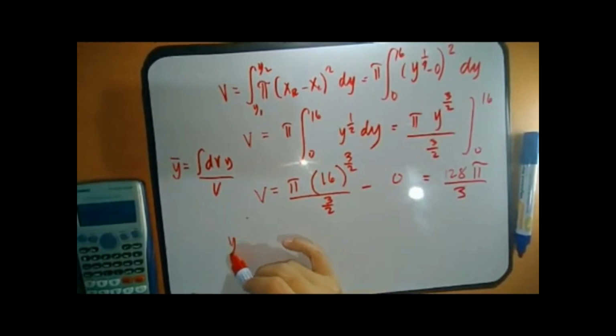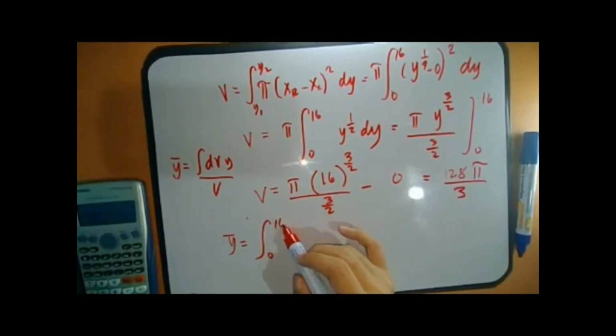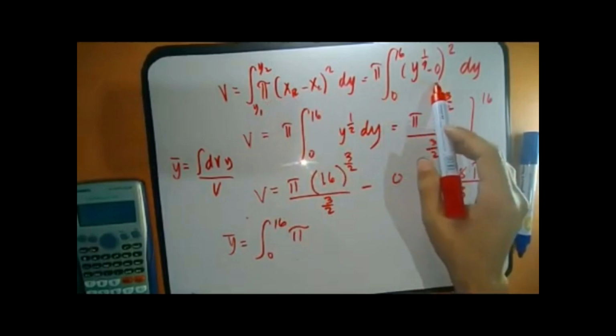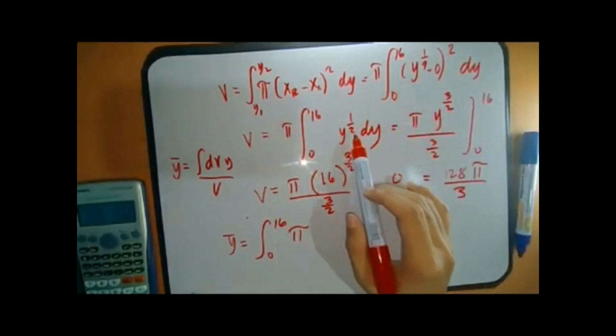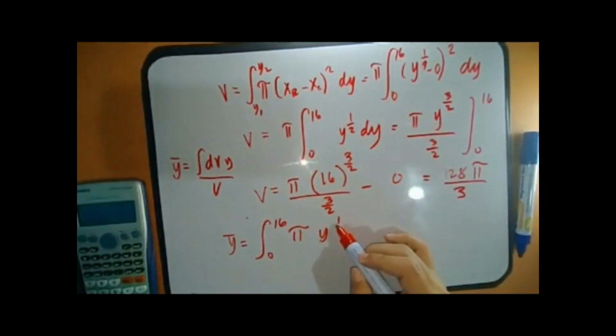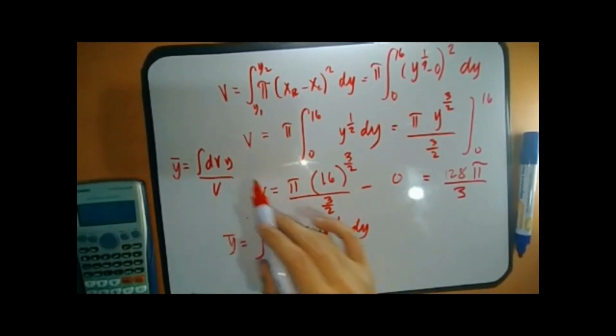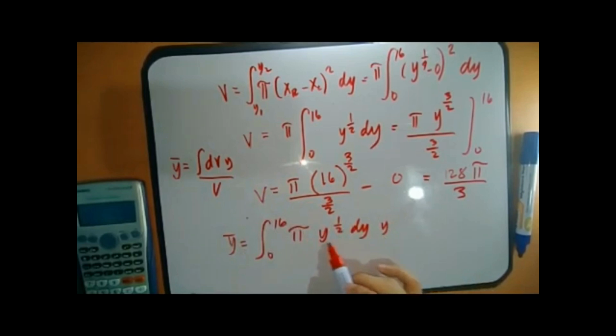We have here y bar is equal to the integral from 0 to 16 of pi times dV, which we simplified to y raised to 1/2, differential of y, times y, all over the volume, which is 128 pi all over 3.